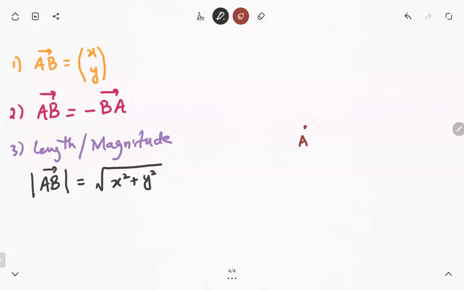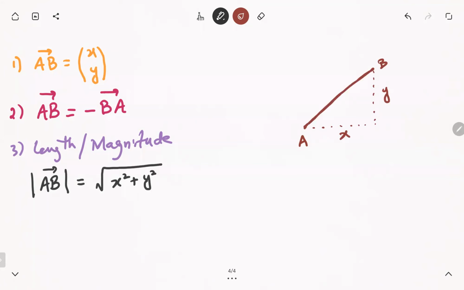Suppose first you are moving x units towards right, and then you are moving y units upward, say this is y units, and here is a point B. If you want to calculate this length AB, how will you calculate? It's simply the Pythagoras theorem.